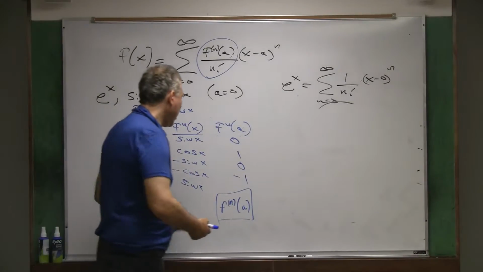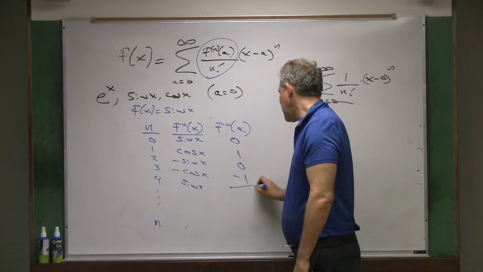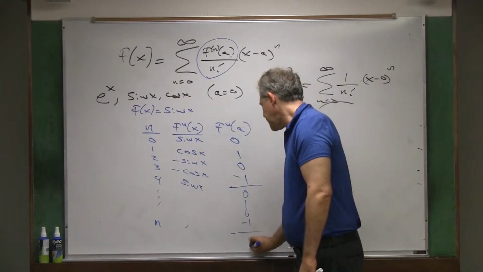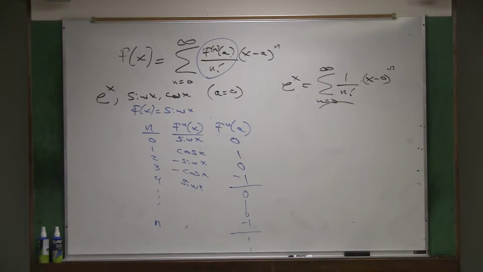So in this column, I'm just going to get a repetition: 0, 1, 0, negative 1, and then continue. So which rows are eliminated if you add it together?